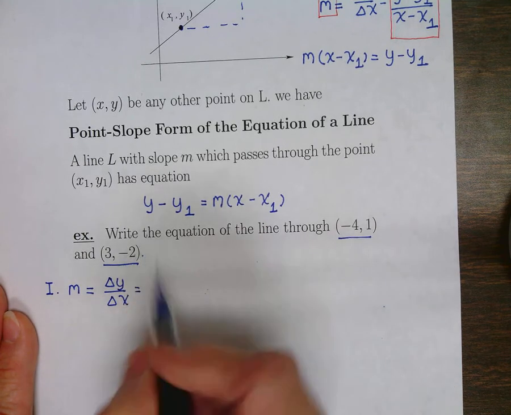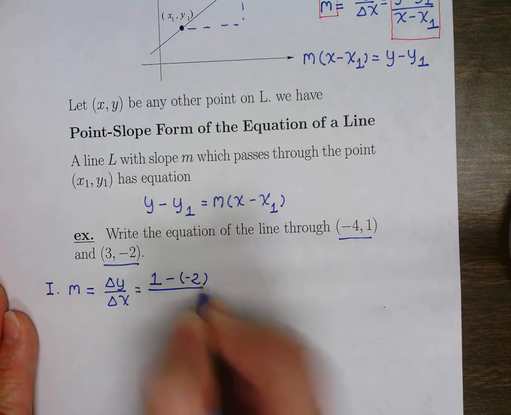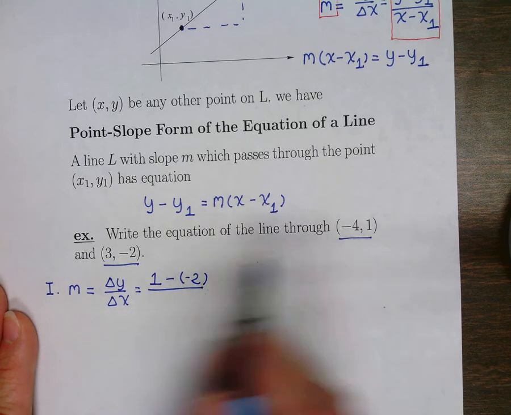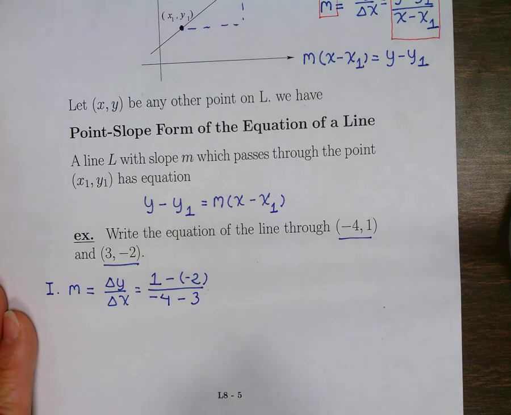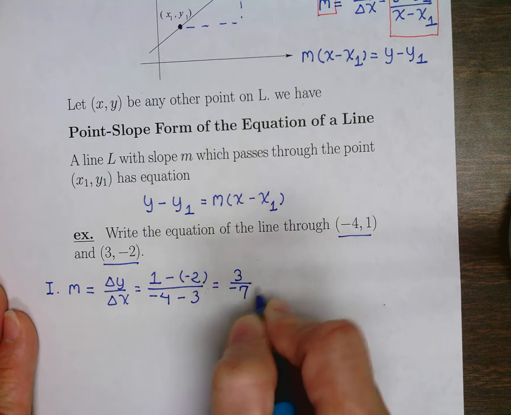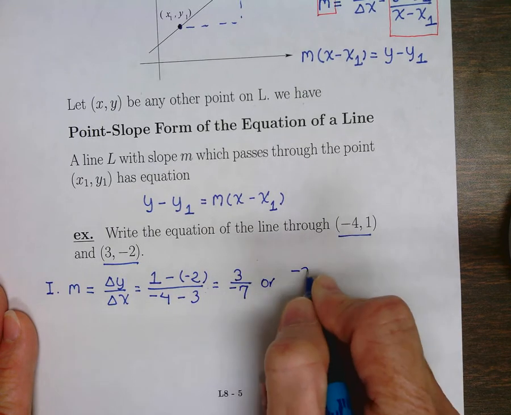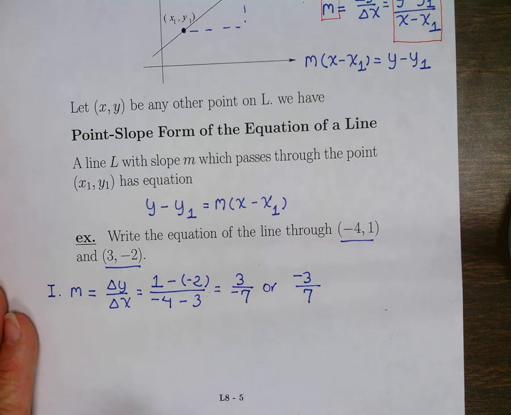I guess I'll do 1 minus negative 2 for the change in y. And that forces me to use negative 4 minus 3 for the change in x. Okay? And that gives me 3 over negative 7, or negative 3 over 7. It'll be easier to use the formula if the minus is in the numerator. Okay, any question on that?